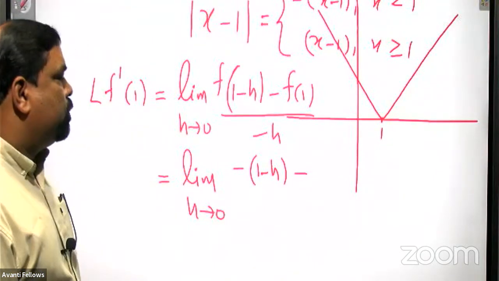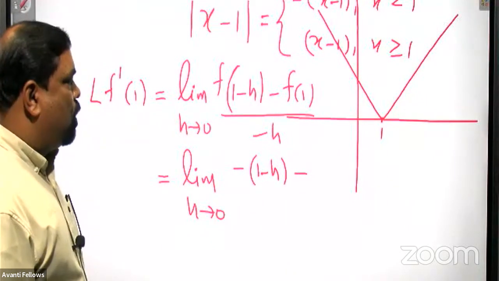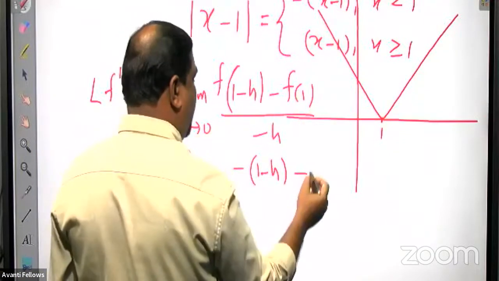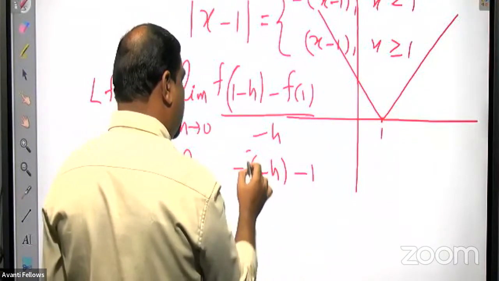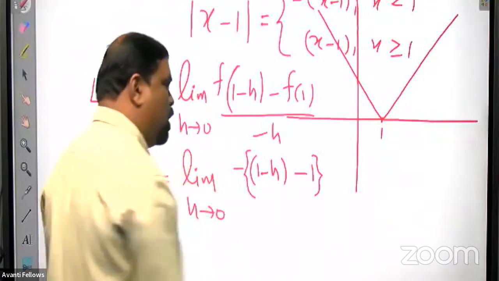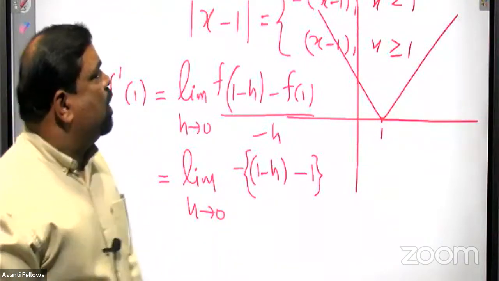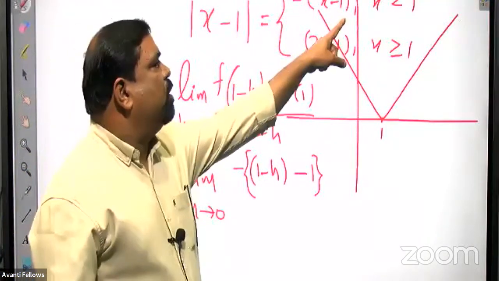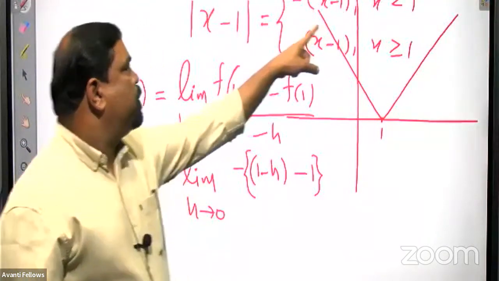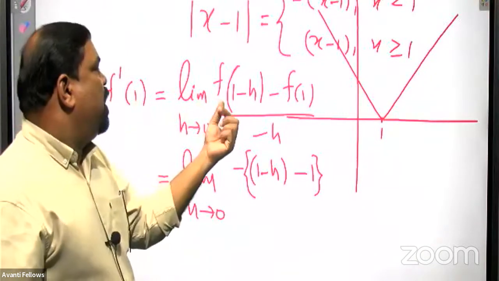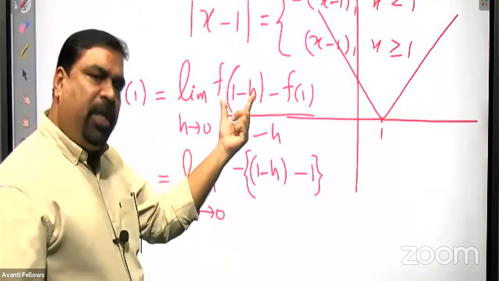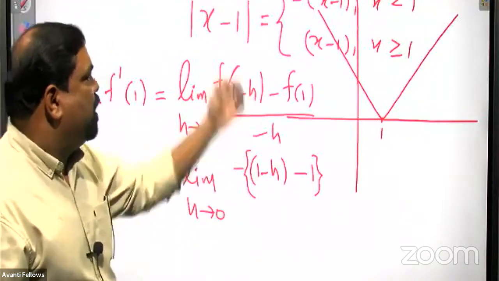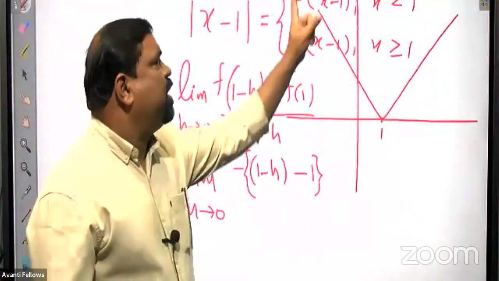And minus f of 1. You should be very clear and cautious while writing. The function mod x minus 1 is minus of x minus 1 here.